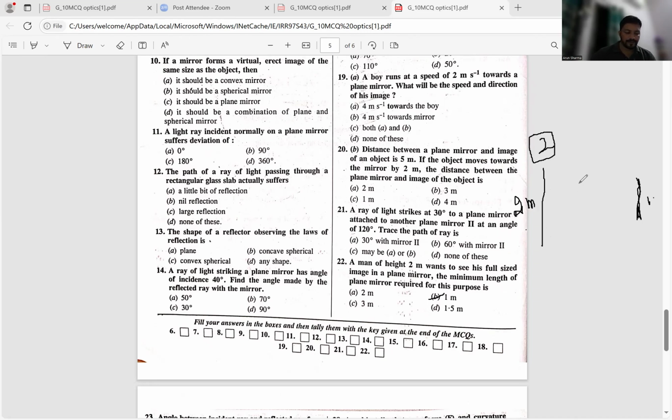So, you know, this is the head of the person. This is the eyes, because the person can see the image.